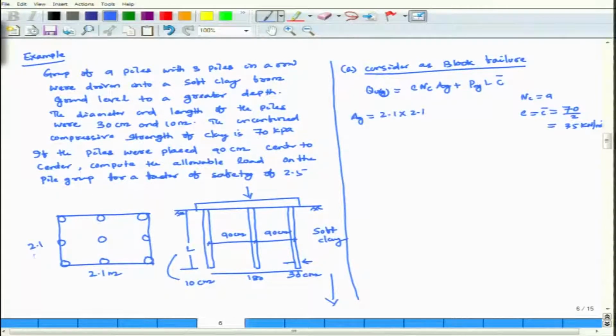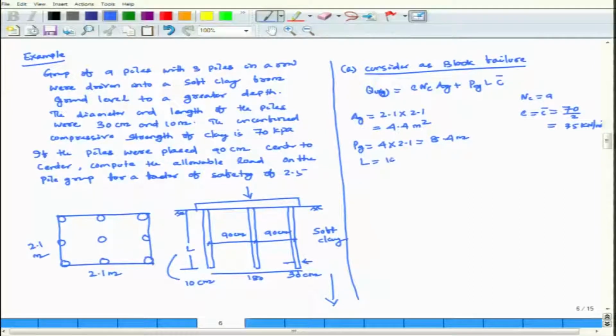From there the area comes out to be 4.4 meter square. Perimeter of the pile group is equal to 4 into 2.1, which is 8.4 meter.